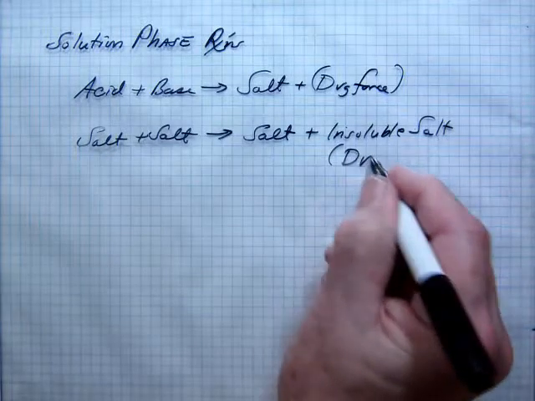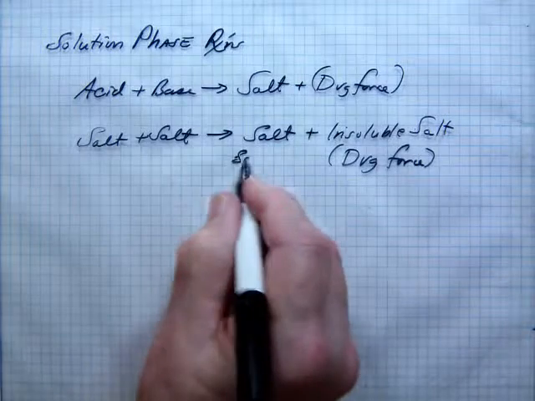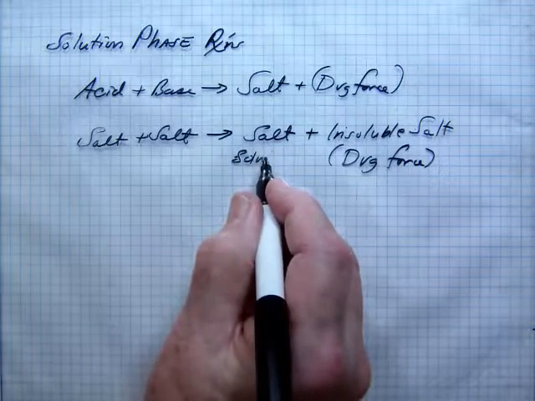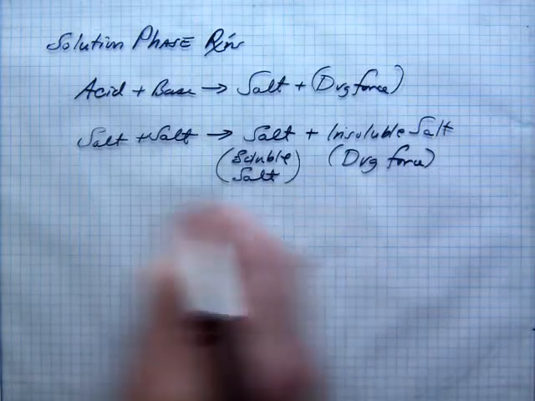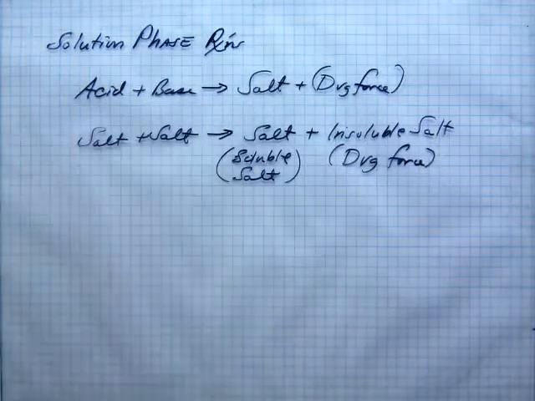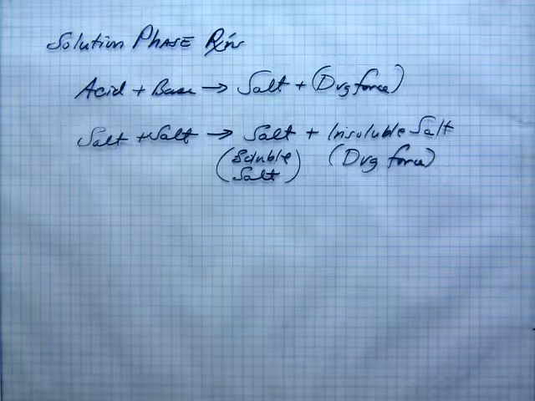This, of course, would be the driving force of the reactions, and this is a soluble salt. And these two are, on the reactant side, soluble salts if they are metal and nonmetal combinations.